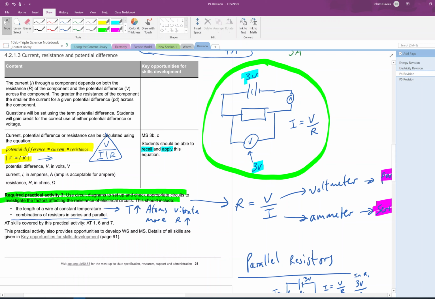To look at the resistance, you need to know voltage and current. This is why it's a really good little practical. You can't measure resistance directly, so you need to measure voltage and current, and in doing so, you can calculate the resistance. You can get little machines that can be set to measure resistance, but what they're doing is measuring a voltage and a current, calculating inside, and then telling you what the resistance is.